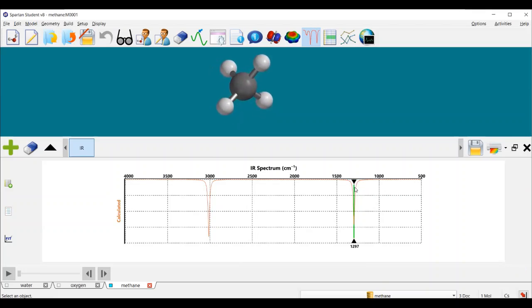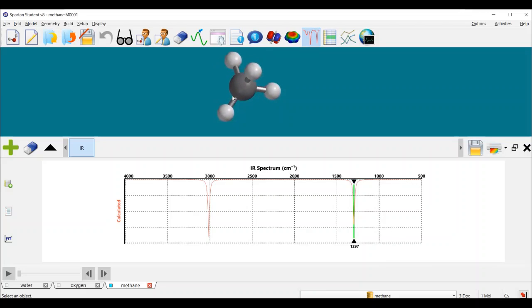And we can also have it so that we have that angle changing. So we can get these three almost being flat with the carbon atom and then bending down. Okay, so that's another way that it can bend. And we can do the same thing with each set of three atoms.